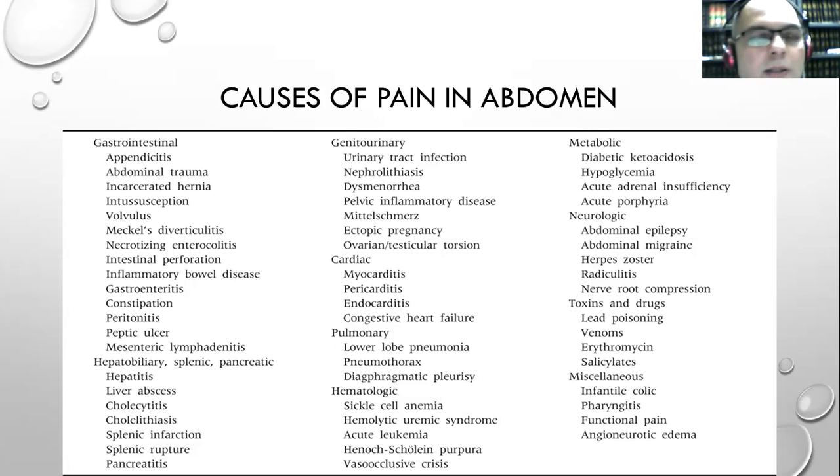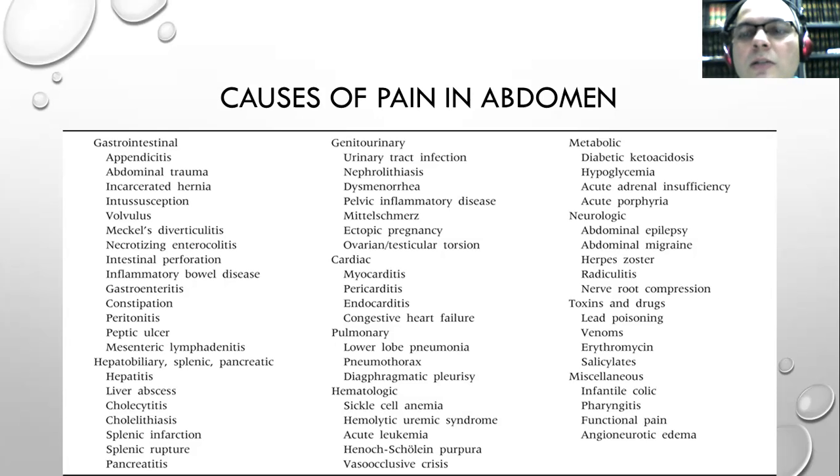Of this, common is sickle cell anemia or abnormal RBCs, like spherocytosis, ovalocytosis, elliptocytosis. All these things can block the arteries, the capillaries, or the sinusoids of the liver and spleen and cause pain in abdomen.